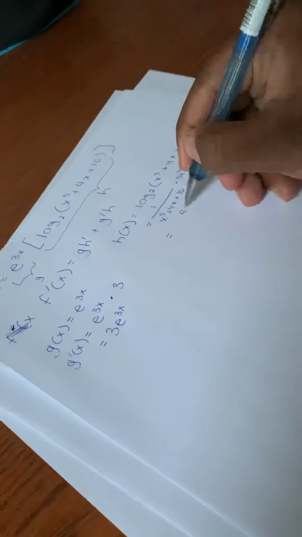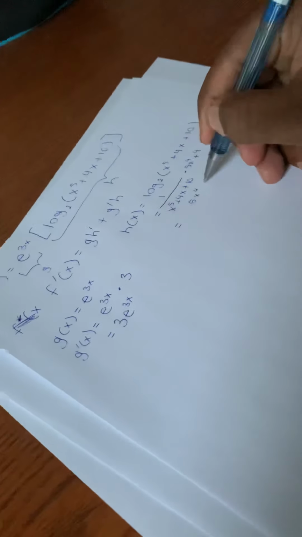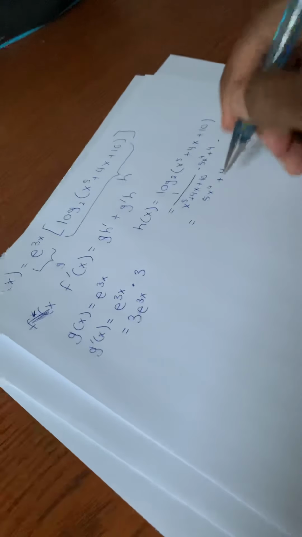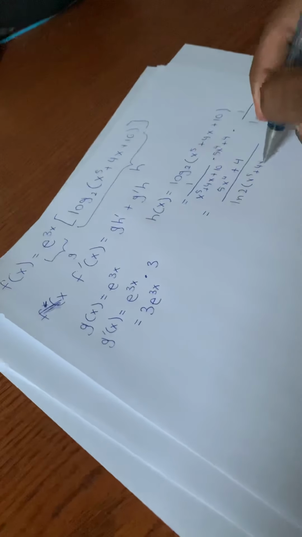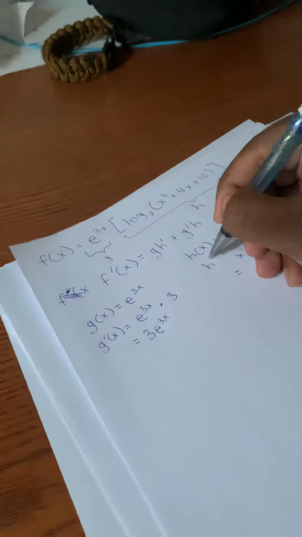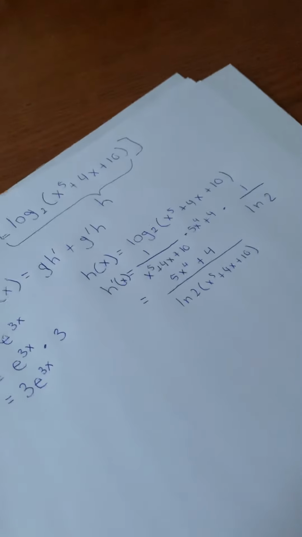So (5x^4 plus 4) over ln 2 times (x^5 plus 4x plus 10). Great. We got it. I almost forgot to write h prime. I meant to do that.